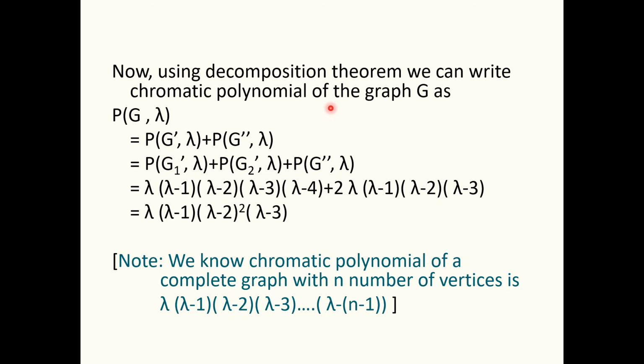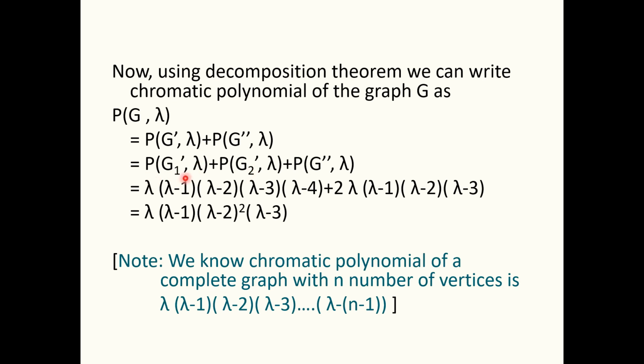Now we can write down the decomposition theorem for chromatic polynomial as in this form. Chromatic polynomial of G is equal to, G has decomposed in G dash and G double dash. Then in the next step, chromatic polynomial of G dash has been decomposed into G1 dash and G2 dash.